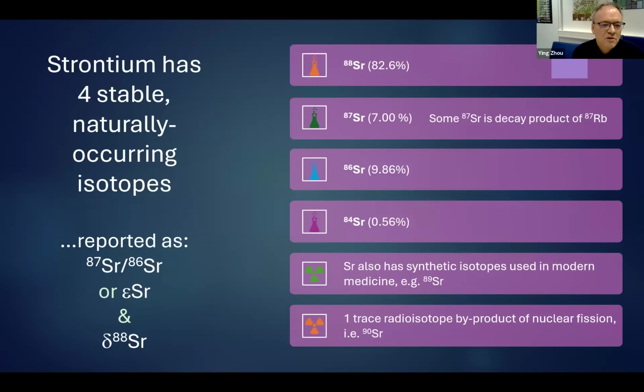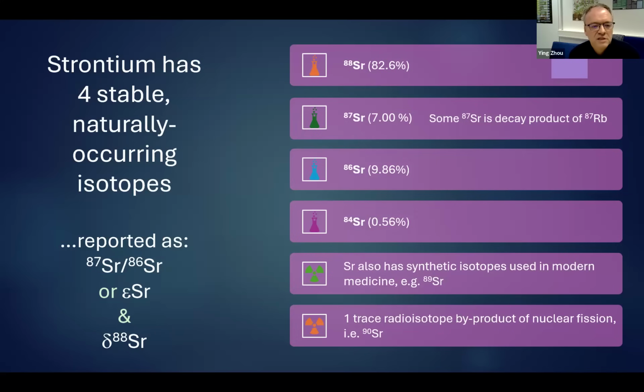So you'll see epsilon strontium as a per 10,000 deviation from some standard or baseline. The baseline normally is taken as mantle or bulk earth, so epsilon strontium would be a deviation from the contemporaneous mantle.